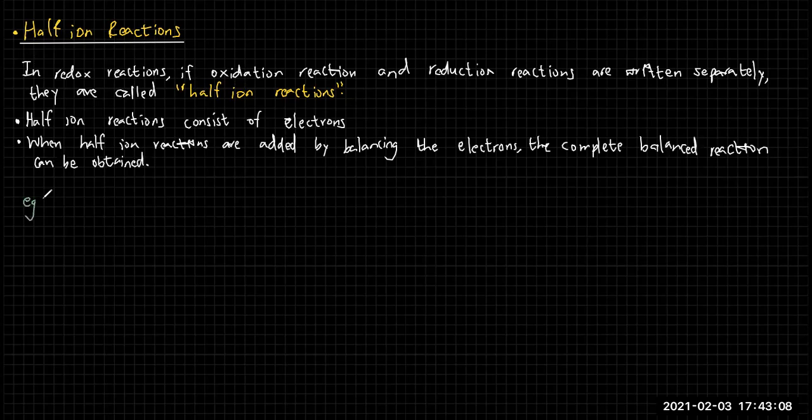Example one, I'll go with the most common and simpler one we've always been studying. Permanganate reacting with Fe2 plus, and it produces Mn2 plus and Fe3 plus. Let's say you are asked to balance it in acidic medium.